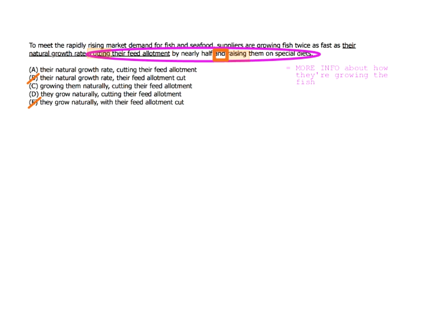Suppliers are, yeah, it's twice as fast as what happens in nature, right? Like the suppliers are growing the fish twice as fast as the fish grow by themselves.